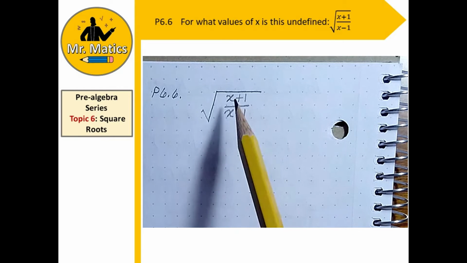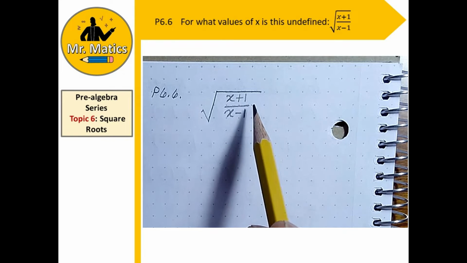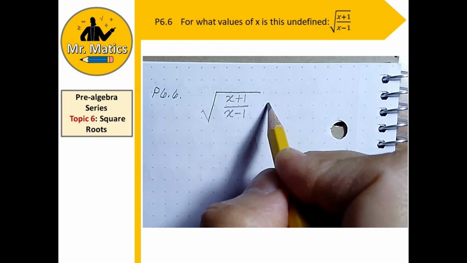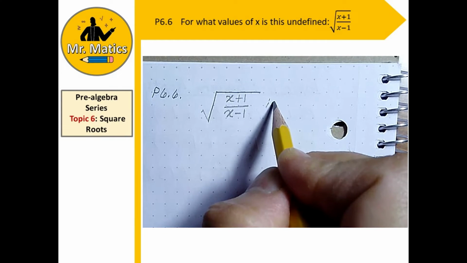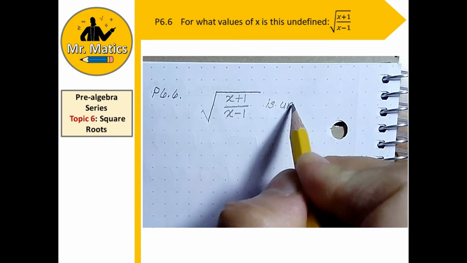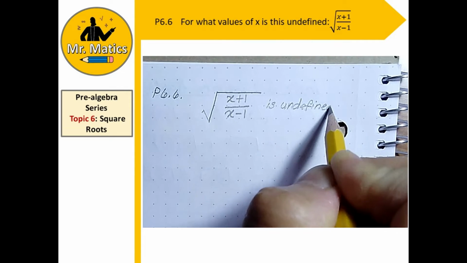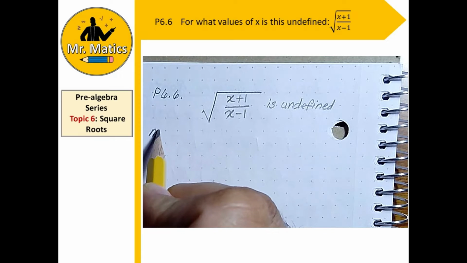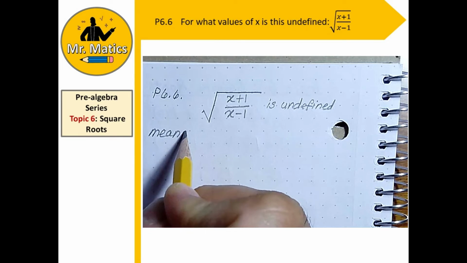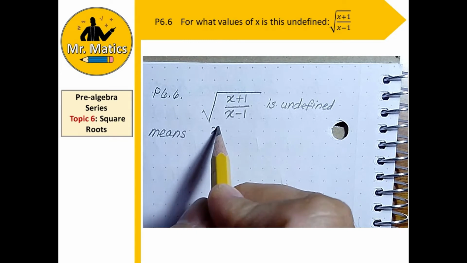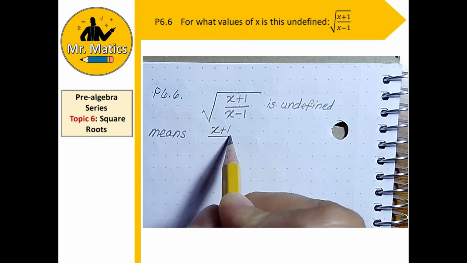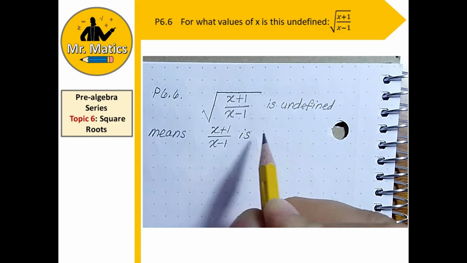So what this means is, undefined means x plus 1 divided by x minus 1 is negative.